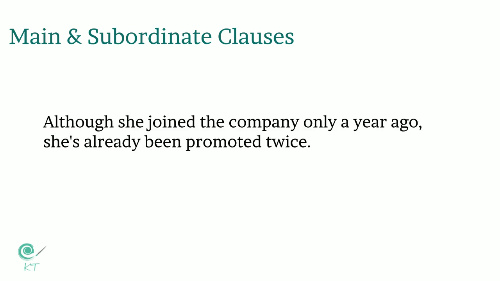In this sentence, can you tell which clause is the main clause and which clause is the subordinate clause? Although she joined the company only a year ago, she's already been promoted twice.